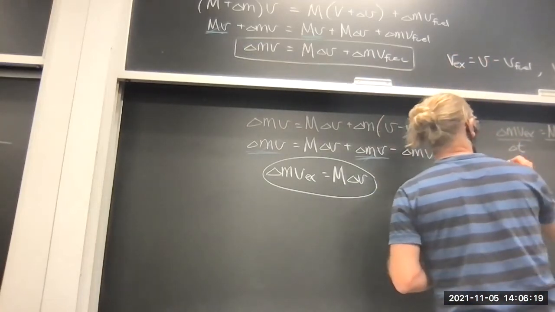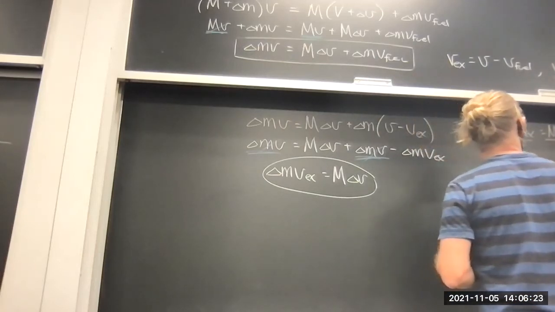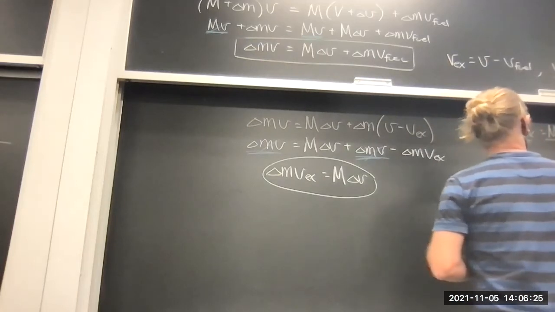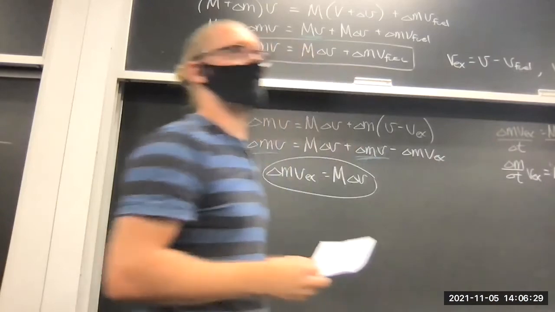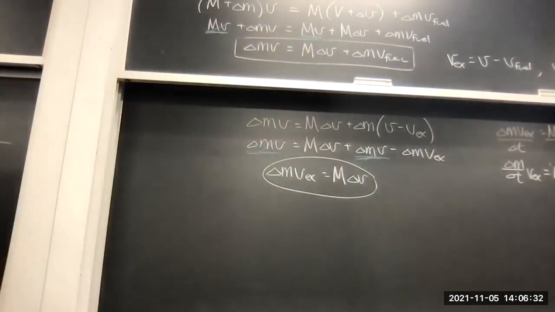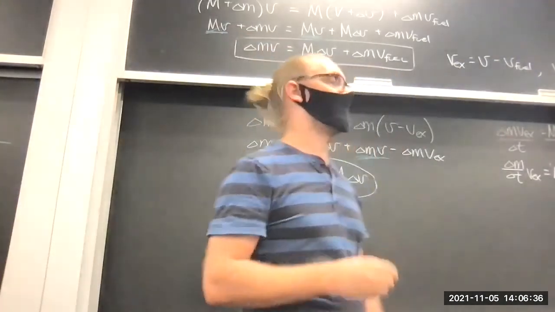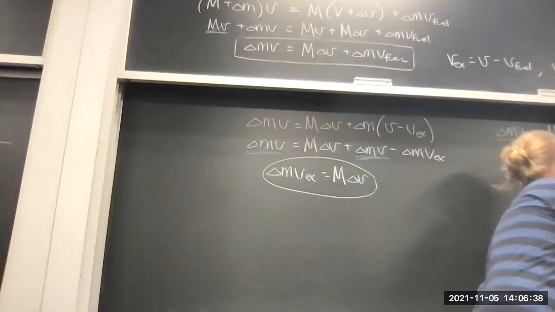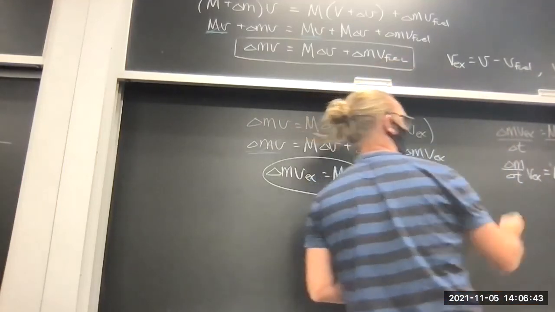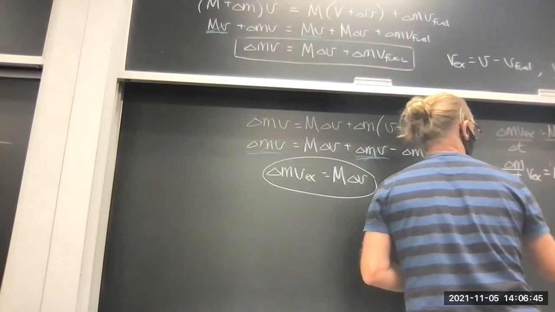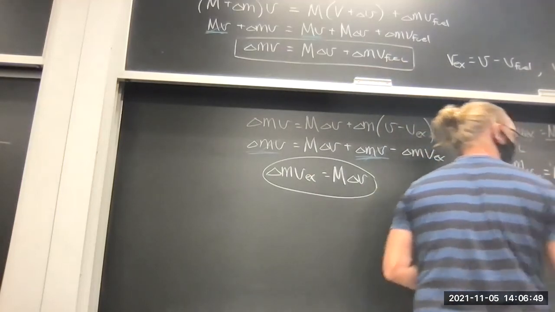So we're going to distribute this delta t just to make it look a little nicer. So now we have delta m over delta t, v ex is equal to m times delta v over delta t. What is this? This is acceleration. Delta m over delta t v ex is then equal to mass times acceleration.